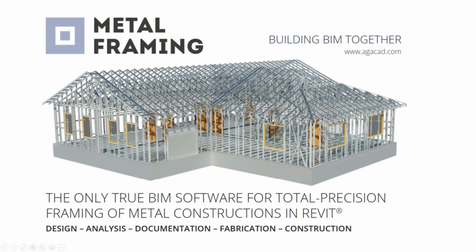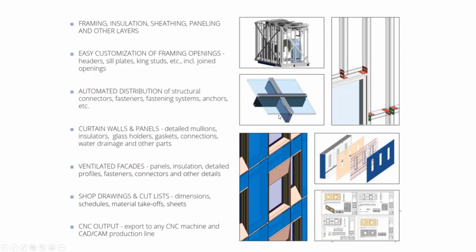Today, as you already know, we're going to talk about metal framing. I prepared a new model for you just yesterday, with different solutions and more things to see. Using our software, you can create really different frames. You can use the same software to create light gauge steel. Using different families and configurations, you can create really detailed curtain panels, as you will see today.